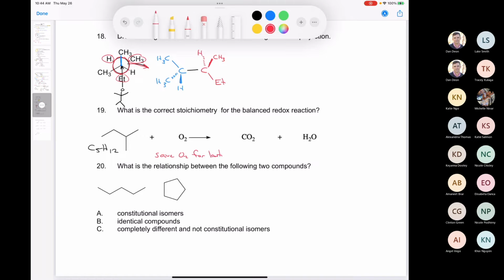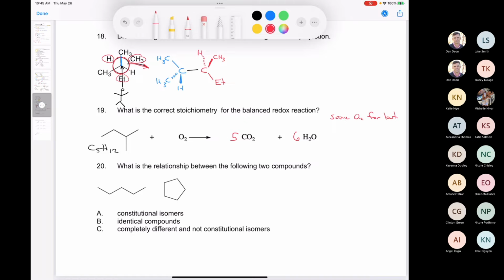Do the oxygen last and you're good to go. We have 5 carbons in the starting material, and 1 carbon in CO2, so we put a 5 in front of CO2. We have 12 hydrogens in the starting material and 2 hydrogens in water. 2 times what gives you 12?